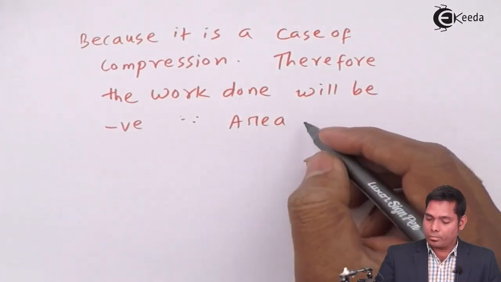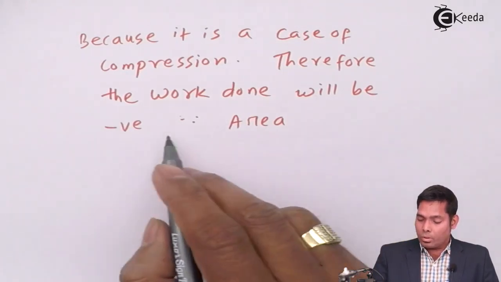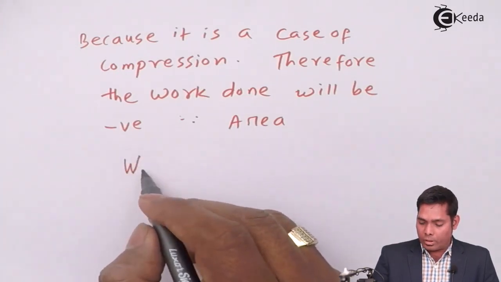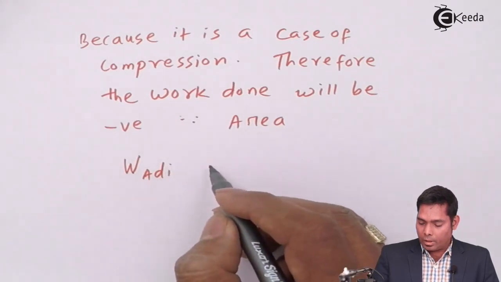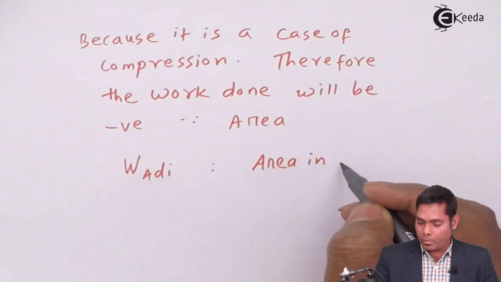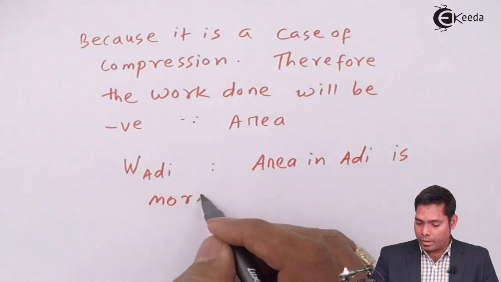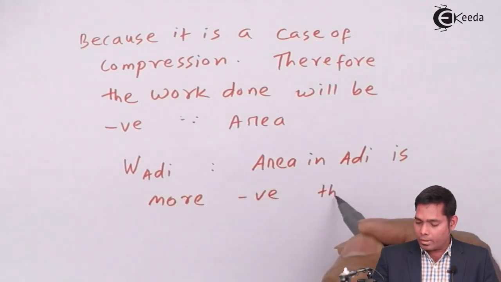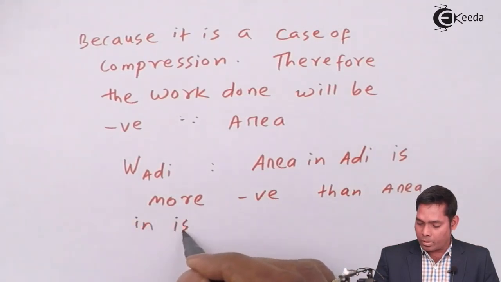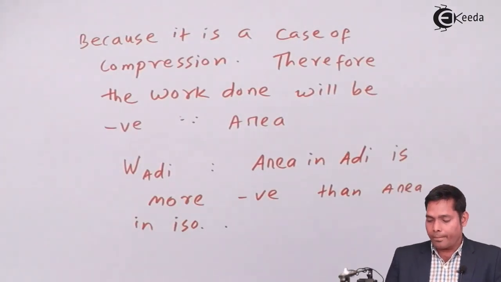Work done during the adiabatic process, that is the area in the adiabatic process, is more negative than the area in the isothermal process.